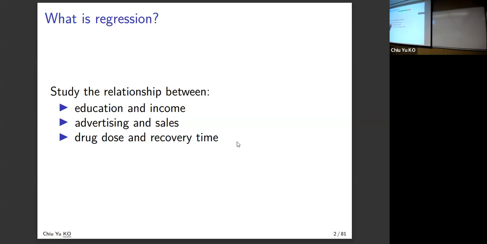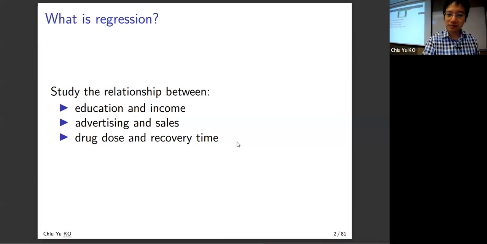Is spending 1 or 2 more years in school going to increase your income? The answer in general from economics is you always want to study up to master. At least up to master, you're still making extra, but up to PhD it decreases.